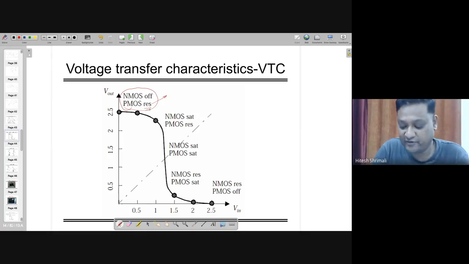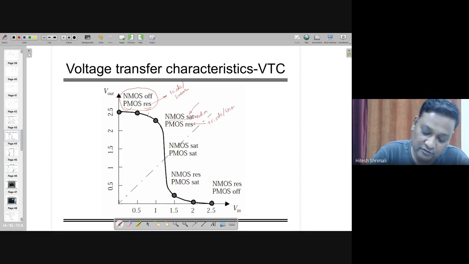Rabaey refers to it as resistive, and it's as good as saying triode region or linear region, because it's acting as an ideal resistance. And you will see that after some point, when the input is going beyond the threshold voltage of NMOS, NMOS is coming into the saturation mode of operation, and PMOS remains in the triode or linear region.